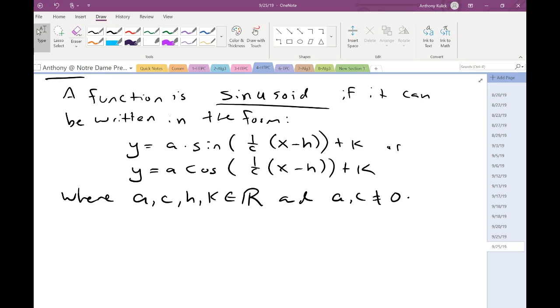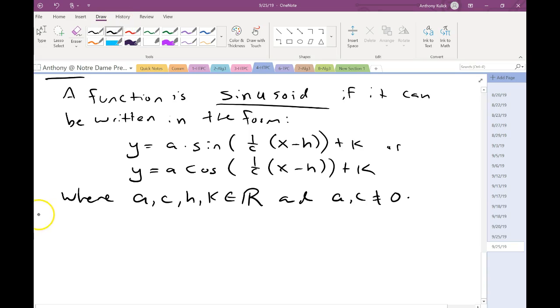So if I look at those two equations there, those should look kind of familiar. They are literally the transformation function that we studied in the first chapter, correct? It's just being applied specifically to the parent function of sine or cosine. You guys can see that? It's the same as that transformation function we've talked about.